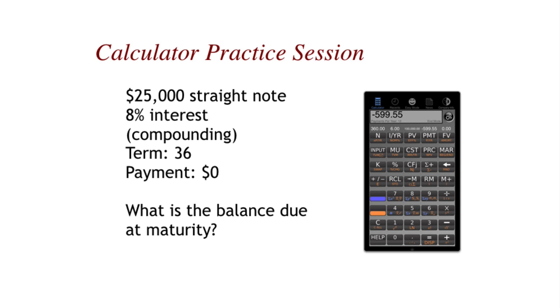You're going to lend someone $25,000 at 8% interest, compounding, not simple interest. In 3 years, they're going to pay you back all of it, principal plus interest. So there are no installments, no monthly payments. Let's figure out the balance due at maturity. Why don't you give it a shot and see if you can come up with a number.